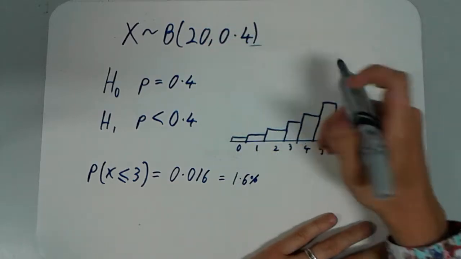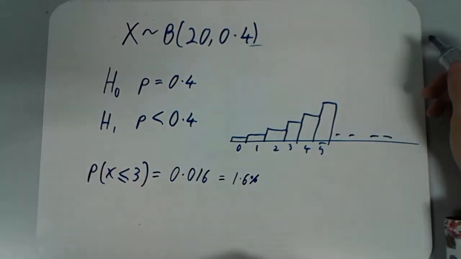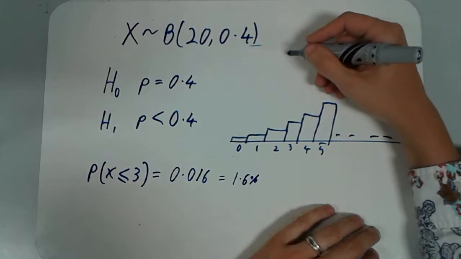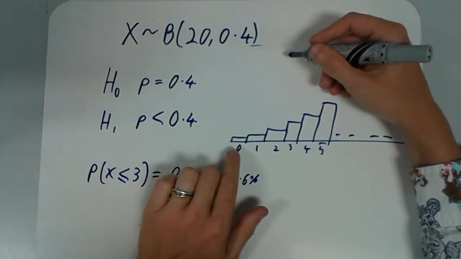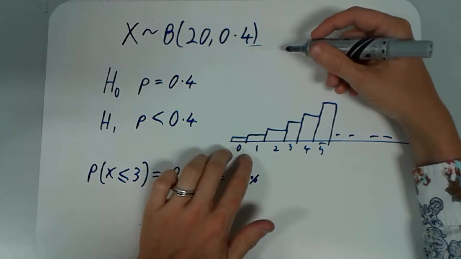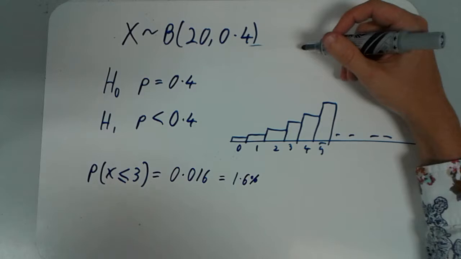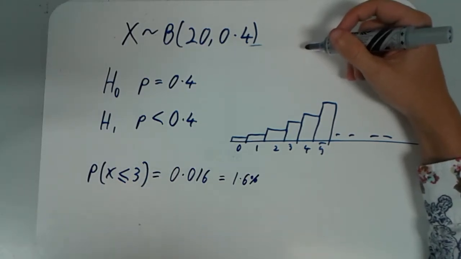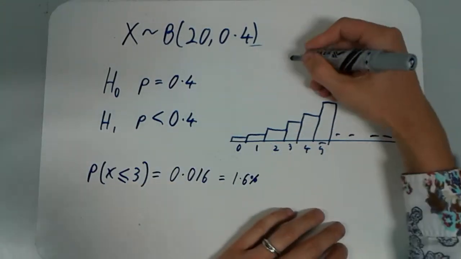Before we actually plug in our data and see the probability, we would have to decide on a significance level. Basically, how small a probability, because remember, there is some finite probability that 0 seeds would germinate, even if all 20 have a 40% chance of germinating. So what percent chance are we going to say is too small and that we think we must just have the wrong model?